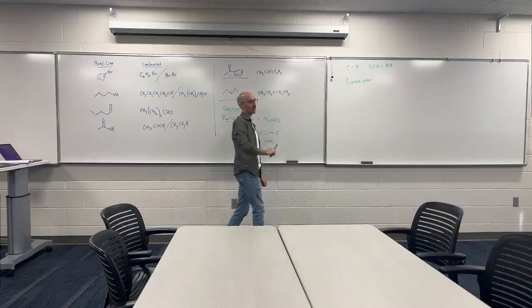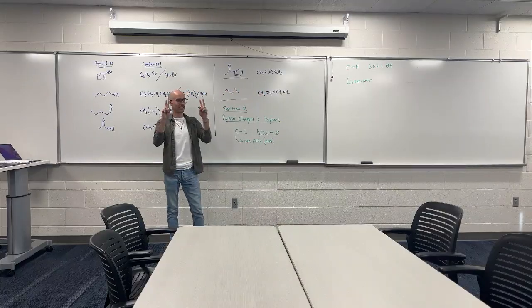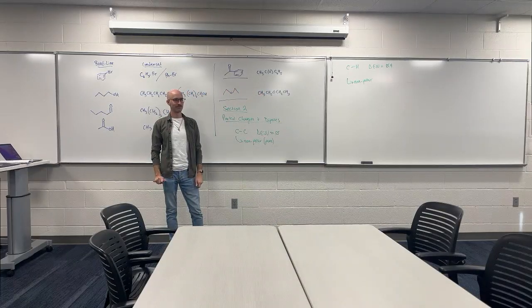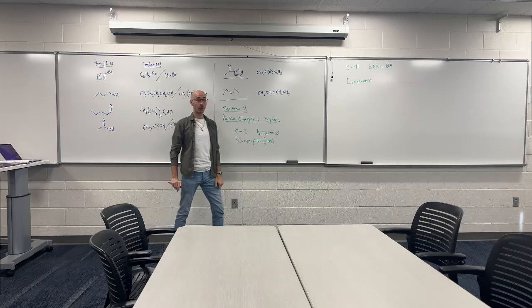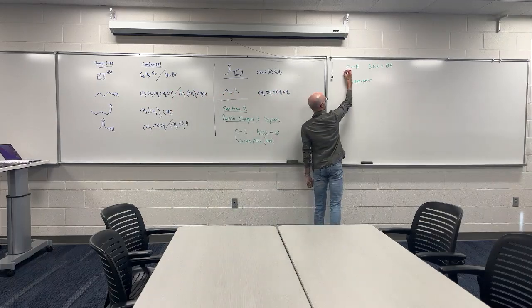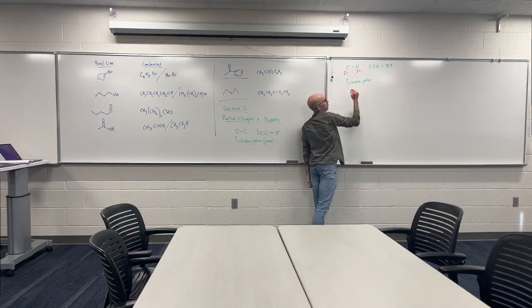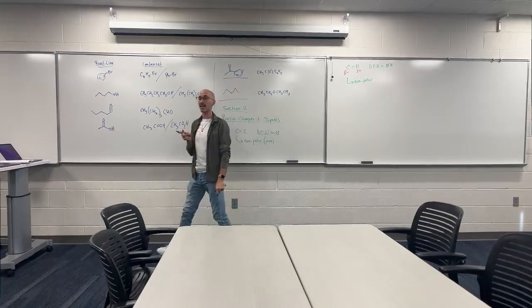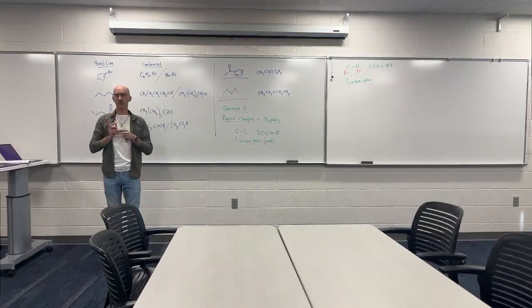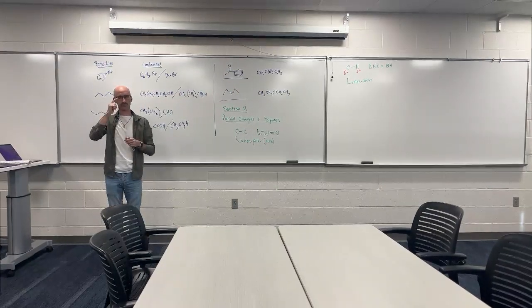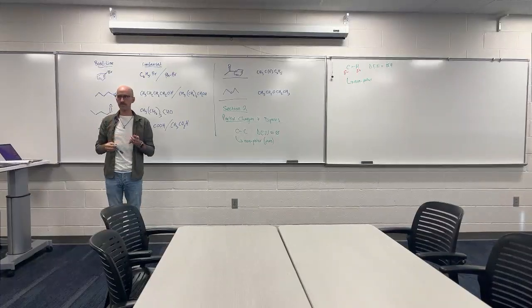Which of these atoms is partial negative in this nonpolar bond? Carbon. Carbon pulls on the electrons more than hydrogen. I like to say carbon owns those electrons. All right?